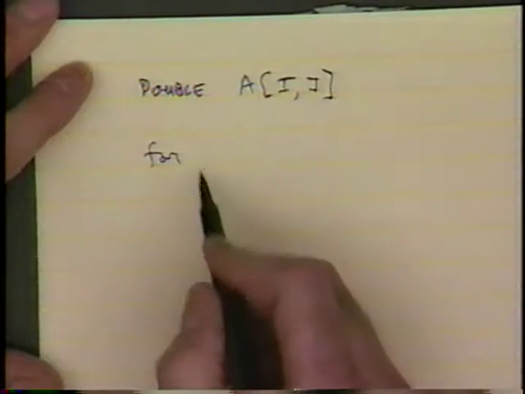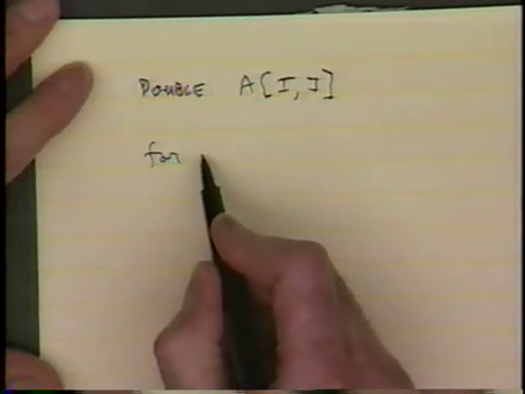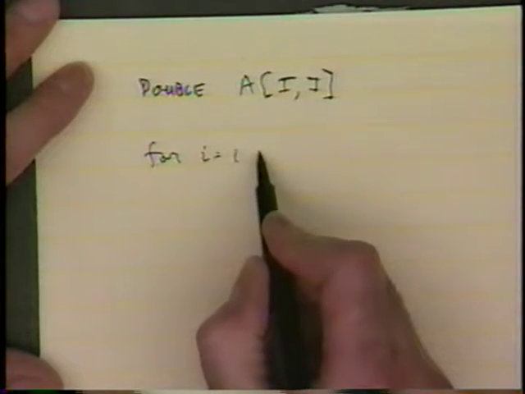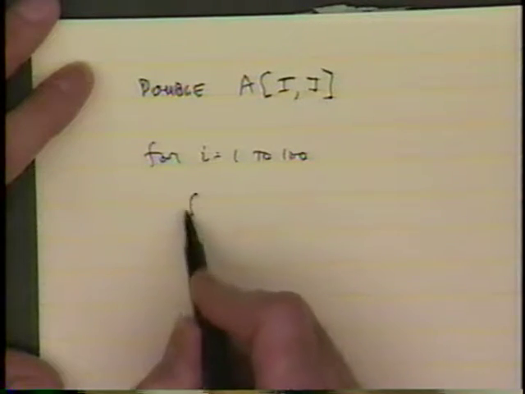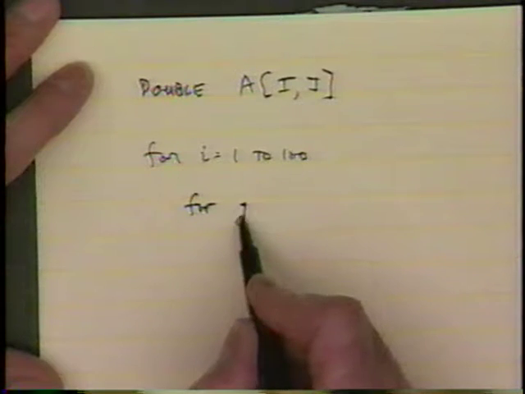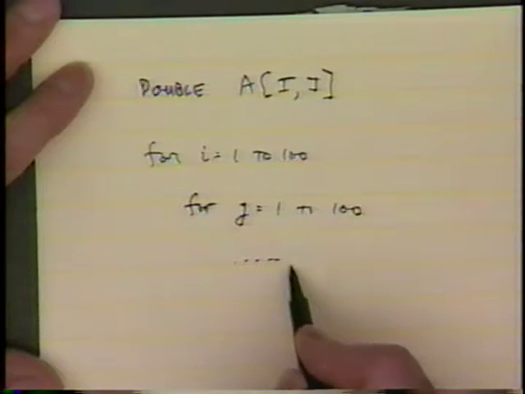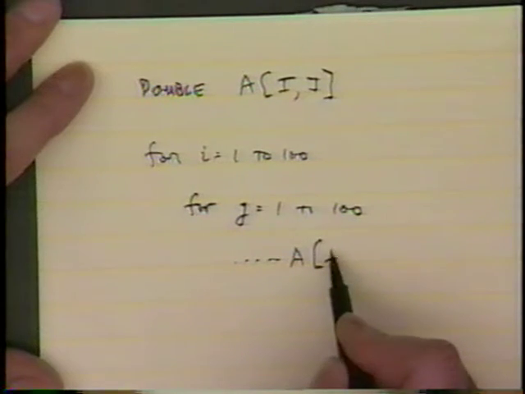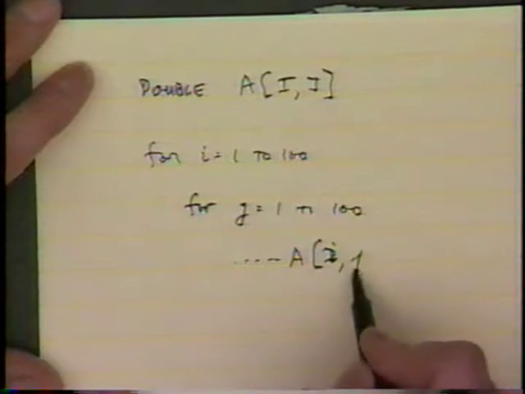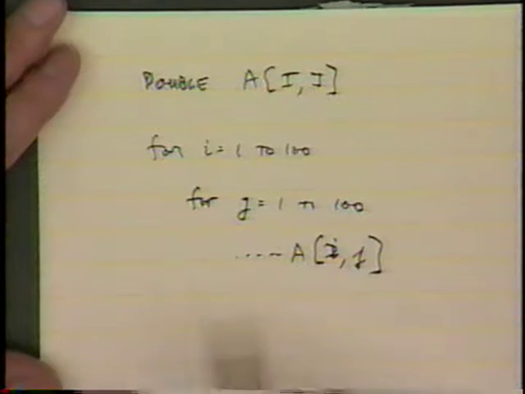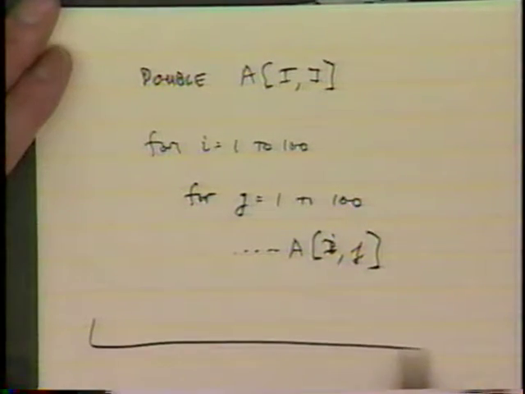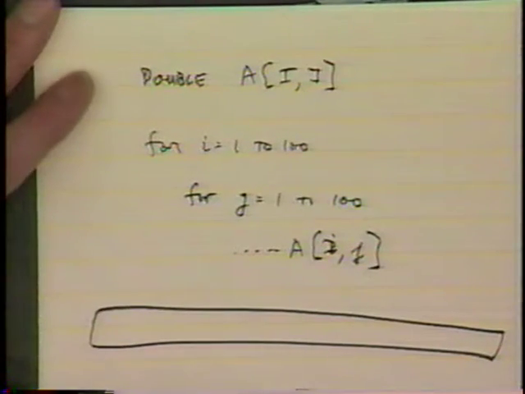This is no particular language, so I'm just inventing syntax here. If you say for i equals 1 to 100, and then another nested for loop that says for j equals 1 to 100, and then you make some reference to A sub ij, if you look at the sequence of references to the array, there are 2 possibilities here.